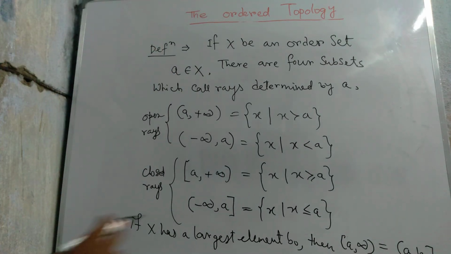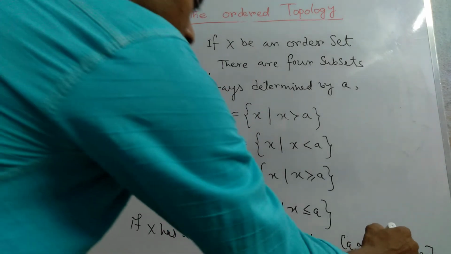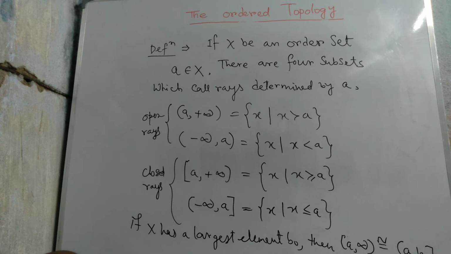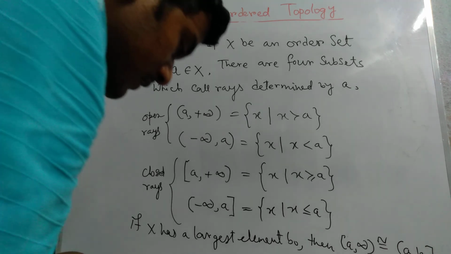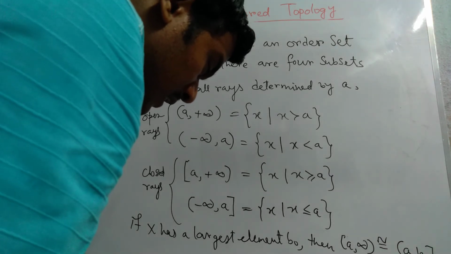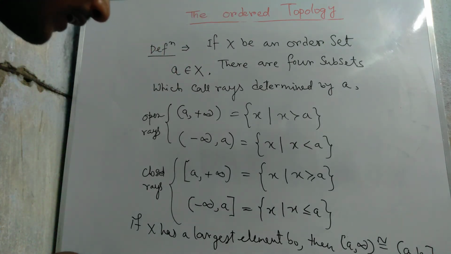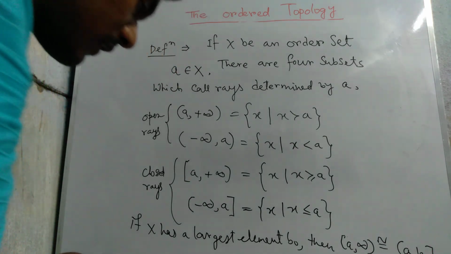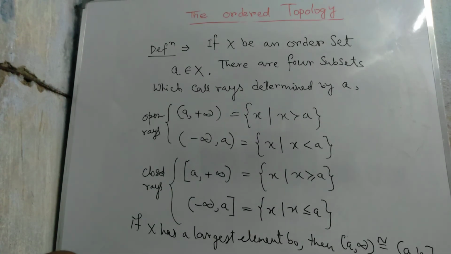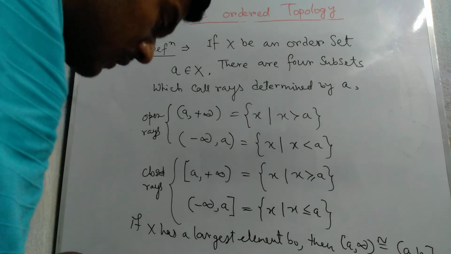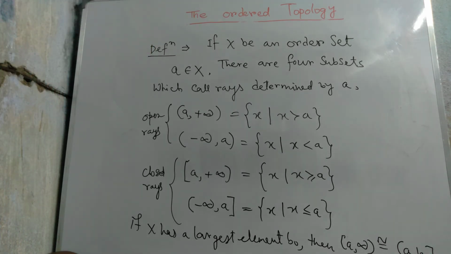In this way we define it if a plus infinity is defined in this way. Then minus infinity we also define: if a0 is the smallest element, then [a0, b).